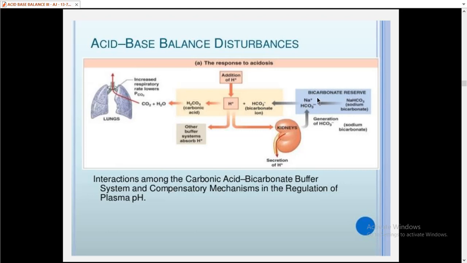This bicarbonate can enter the bicarbonate reserve system and will combine with sodium and form sodium bicarbonate, and thus continuously generating bicarbonate levels.